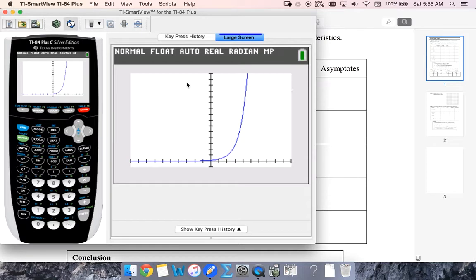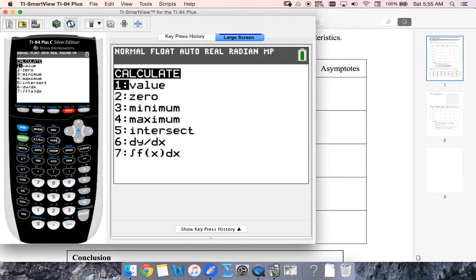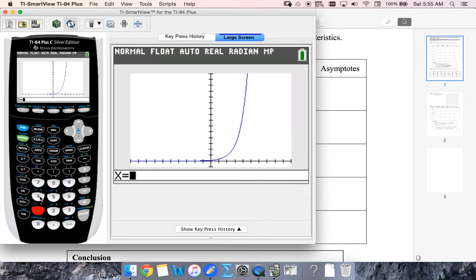Let's think about why that is. This is the equation y equals 3 to the x, so let's think about the values. If I calculate a value, when x is 4, my y value is 81.